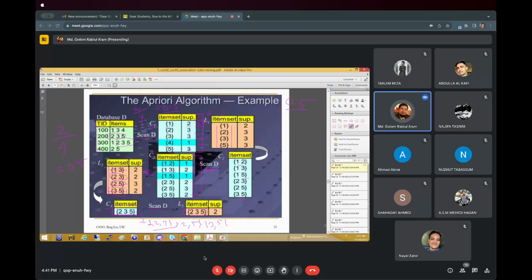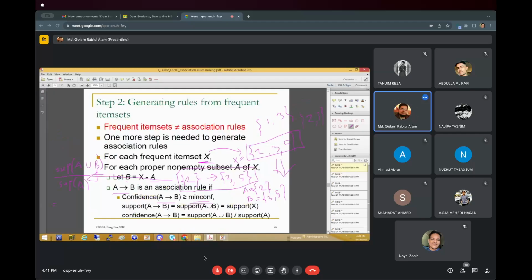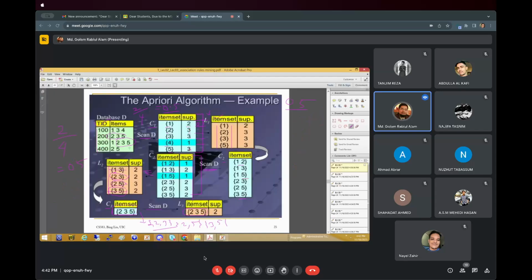Divided by the support of A. The support of A is what? A is 2 here. We can see how many times 2 appeared: 3 times.